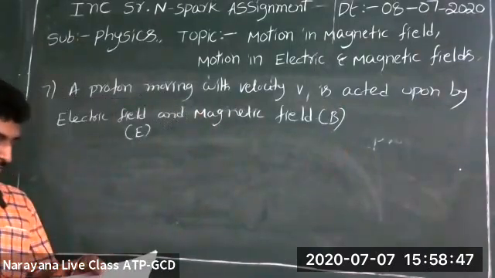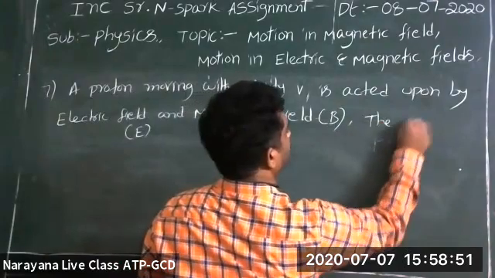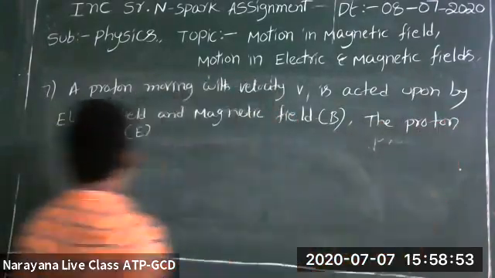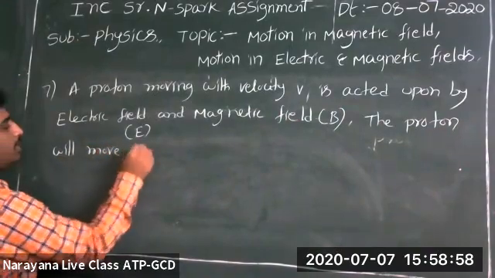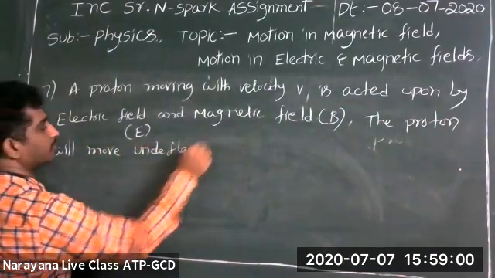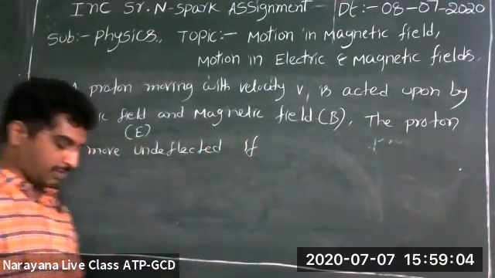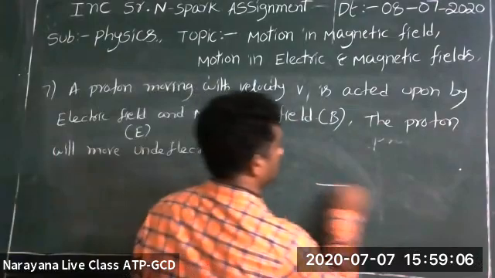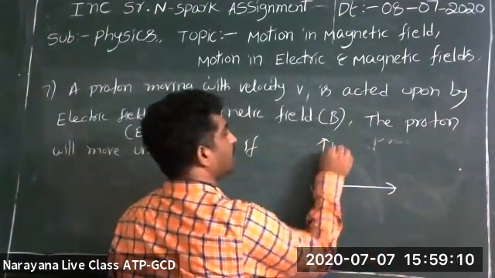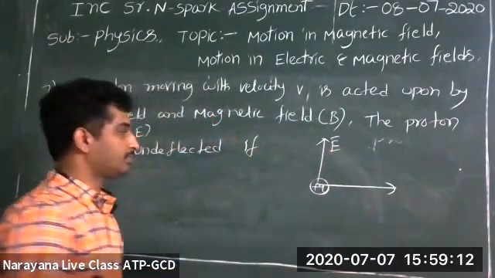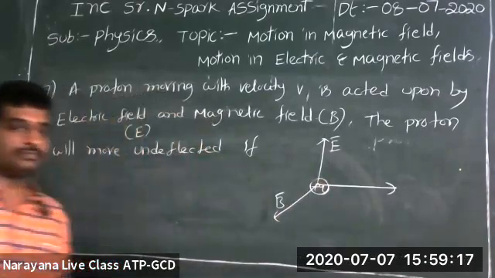Okay, the proton will move undeflected if only in case of, that is the problem. So suppose proton moves like this, electric force acting like this, and perpendicular to B bar acting like this.